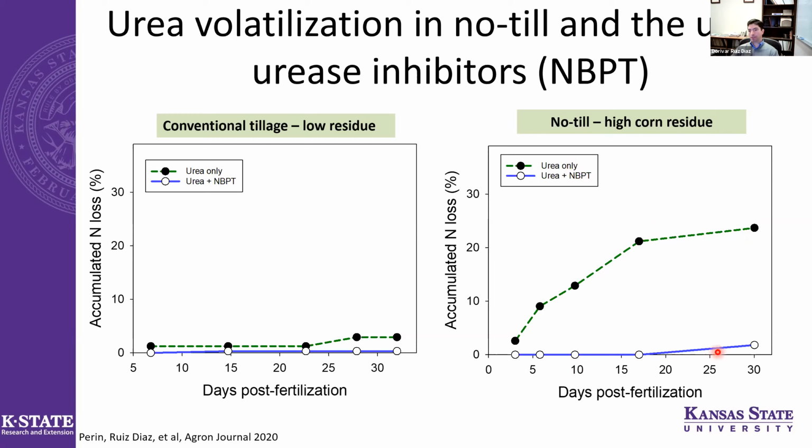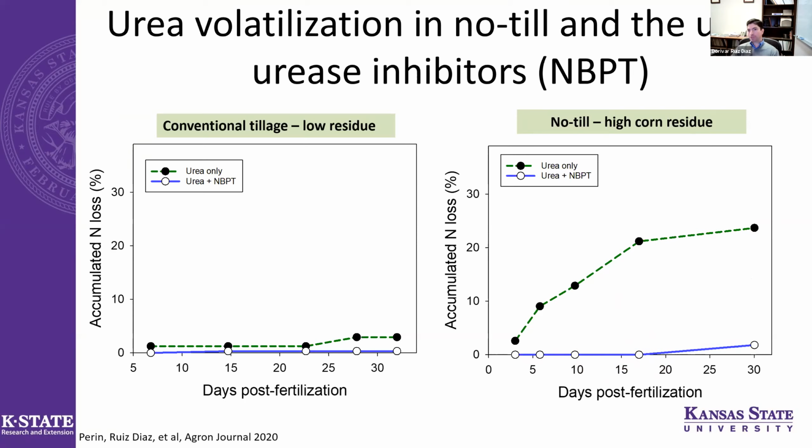The other line at the bottom is using NBPT, the urease inhibitor. That's doing a good job of keeping the urea from volatilizing and losing nitrogen. After 2 weeks or so, we start to see some activity there. For a lot of these NBPT products, we typically say about 2 weeks is what we get from it, and that essentially matches this data.